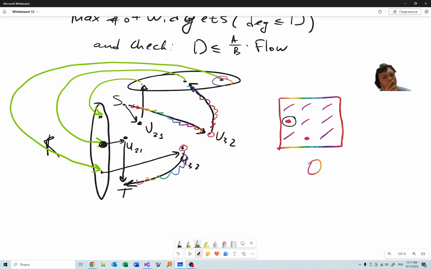Or no, it doesn't work. Maybe it doesn't work. Yeah, you see, I still can do the same thing. Yeah, I can pair up this vertex with this vertex, can't I? Yeah, I can just direct this flow, and I don't like it.